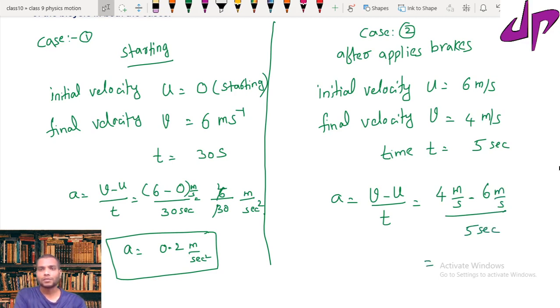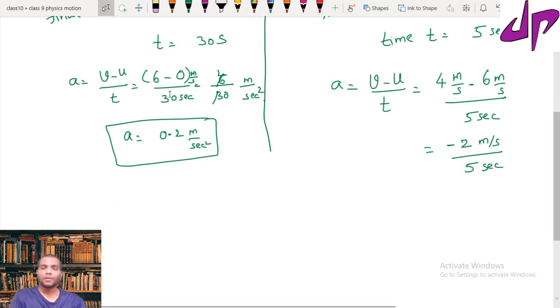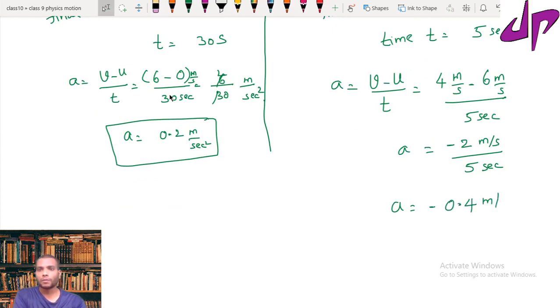If you do this calculation, 4 minus 6, you will get minus 2 meter per second, and the denominator 5 seconds. You simplify this, and acceleration a equal to minus 0.4 meter per second square.